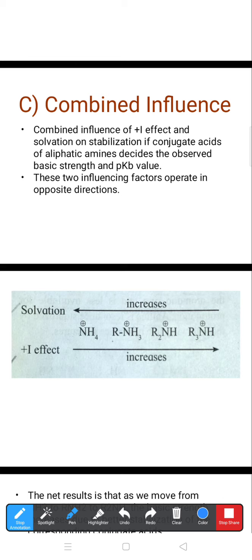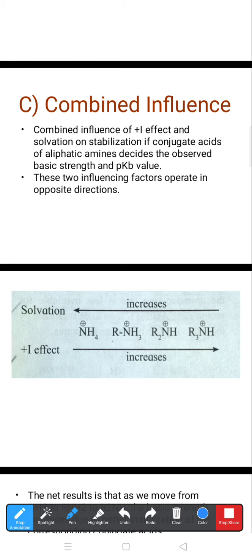How is it? Because in the case of the ammonium ion there are 4 hydrogens. In the case of RNH3 plus there are 3 hydrogens, and 1 hydrogen of the previous one is replaced by one alkyl group. As we go from NH4 plus, RNH3 plus, R2NH2 plus to R3NH plus, the number of hydrogens decreases and the number of alkyl groups increases.